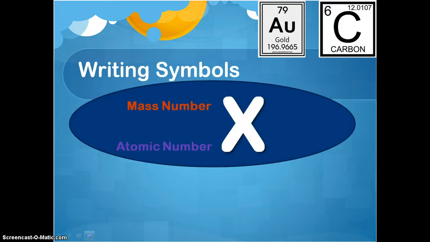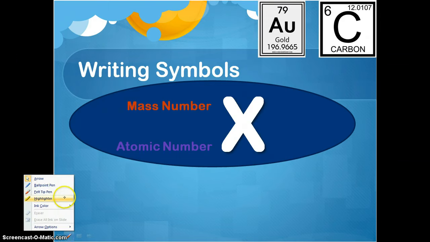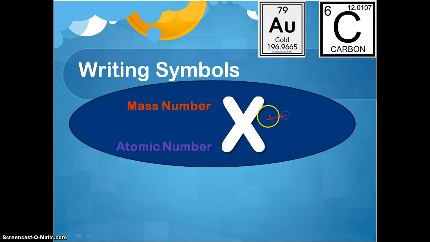So we're going to start off with writing some symbols. In this dark navy circle, we have a generic symbol that we're going to use. That X is going to be the actual symbol of the element. And then we have to have two pieces of information attached to that symbol.